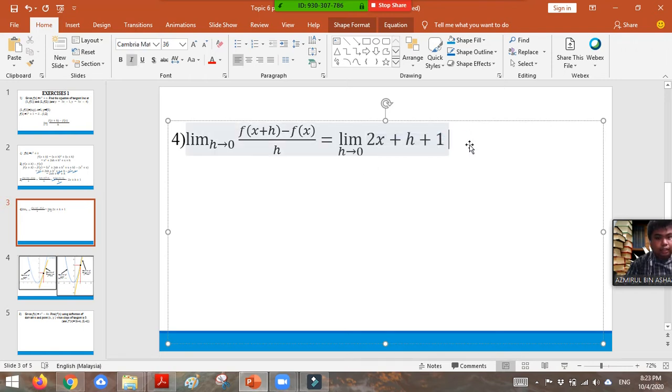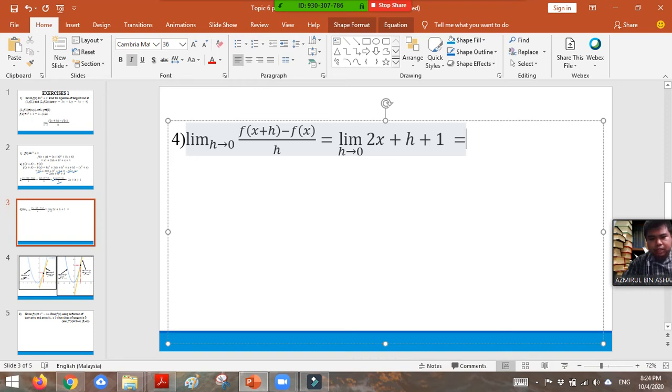And then when h is approaching 0, it means that the h is near to 0. Really nearest to 0. 0.000001. Okay. So you can also assume, you boleh juga jangkakan dia juga adalah sebagai 0.